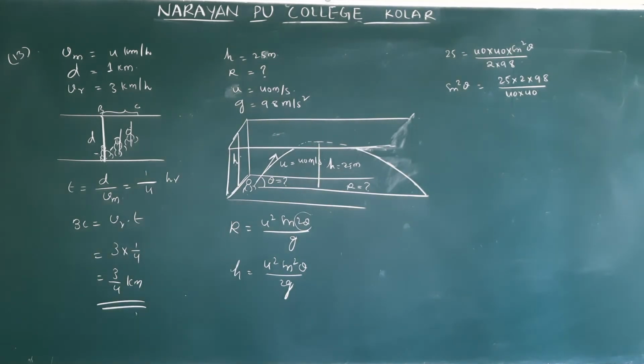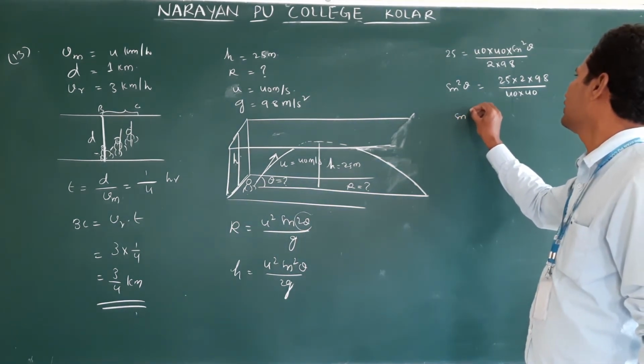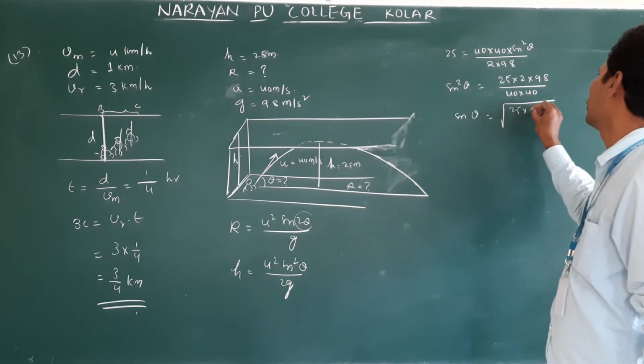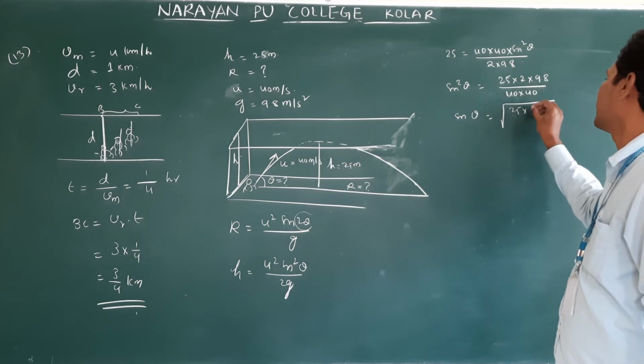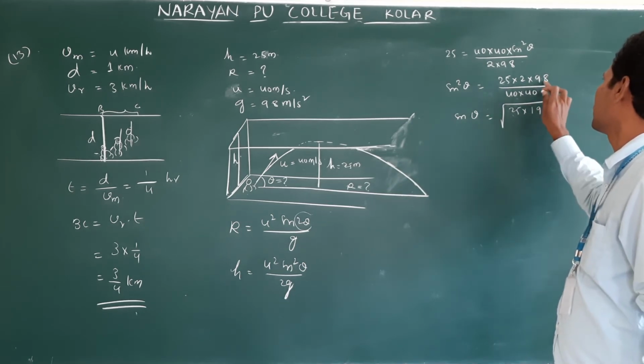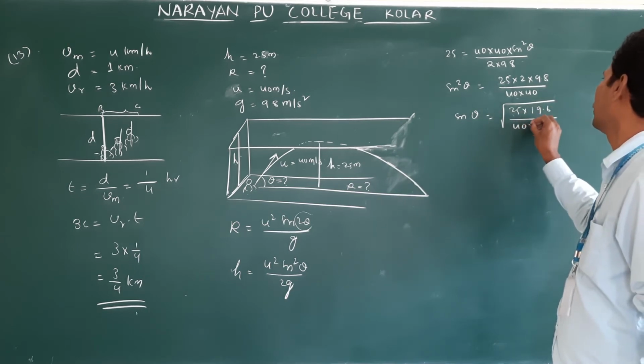Clear? So sin theta is equal to under root of 25 into 2 into 9.8, what is that, 19.6 by 40 into 40.